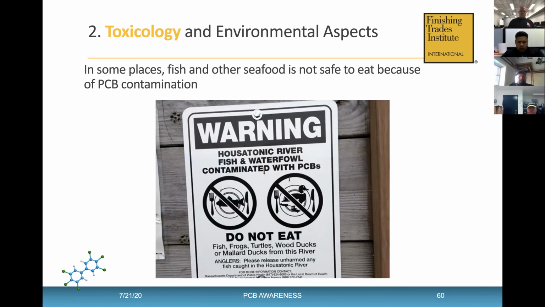You'll see PCB contamination, methyl mercury contamination, things like that. Or there might be an advisory, so maybe you can eat so many ounces of fish a week from that body of water. Sometimes you'll see that if you are pregnant, do not eat any fish from that body of water because of pollutants that contaminated the fish. So just be aware, if you like to do that as an activity, where you're catching your fish from.